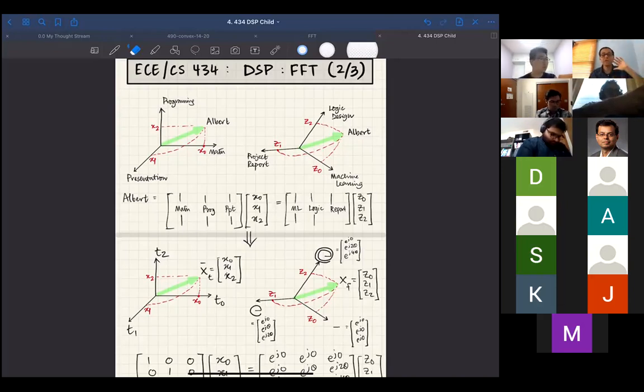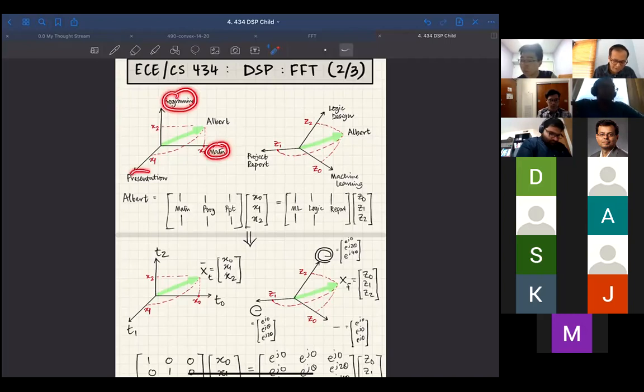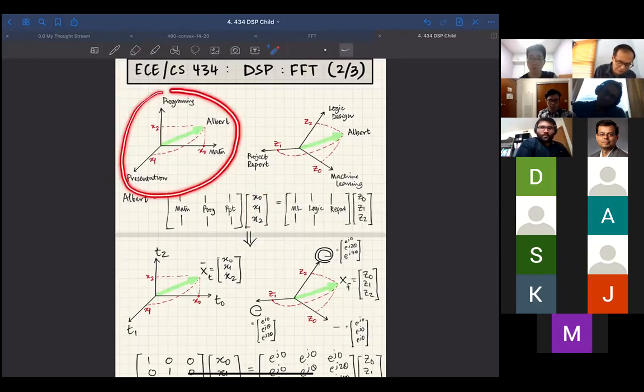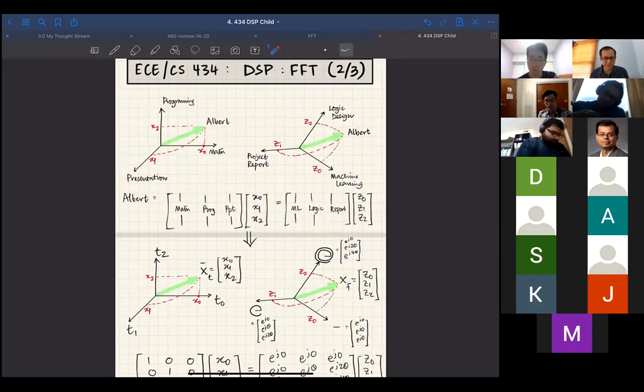Okay. So the high level takeaway from last class was Albert is a vector on 3 dimensions of math, programming, and presentation. And Albert, that vector, is x0, x1, x2. But Albert, the same vector, I mean, and maybe this is how Google recruits their candidates, their interviewees.